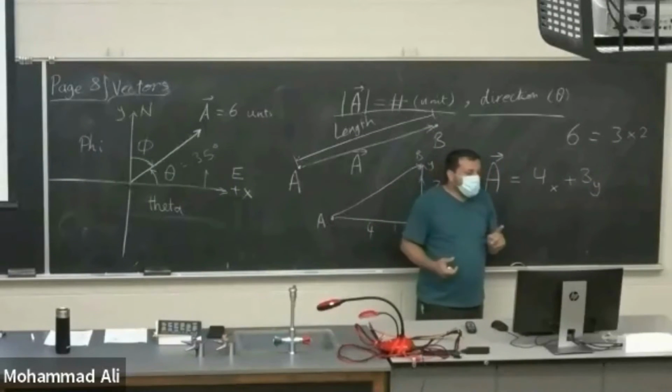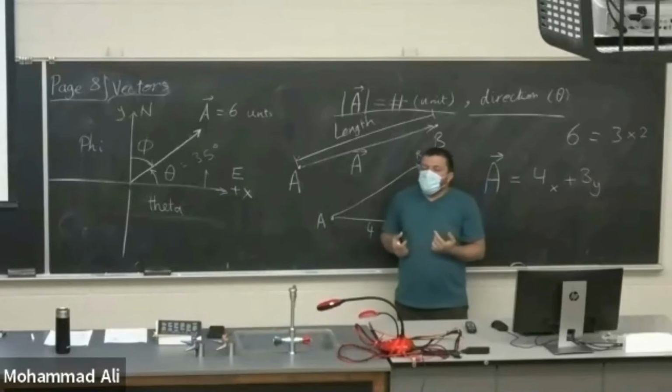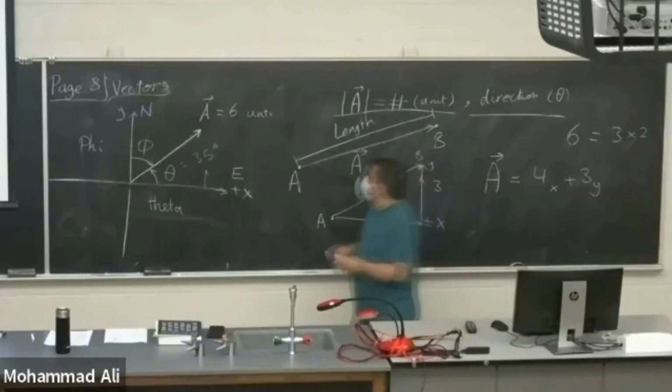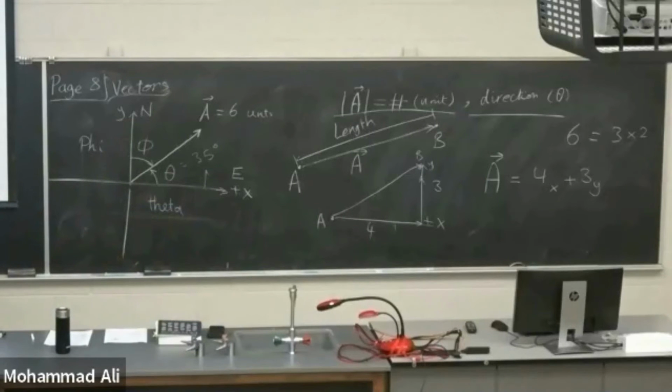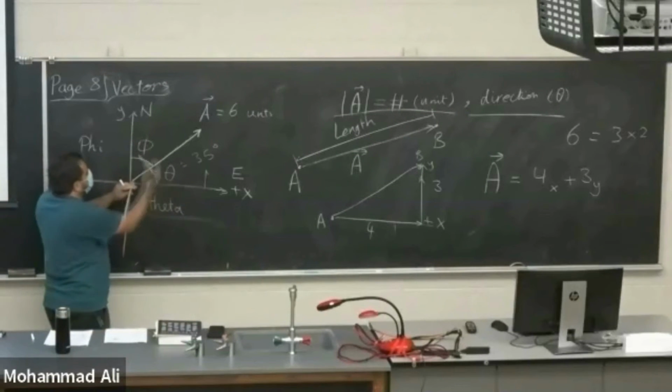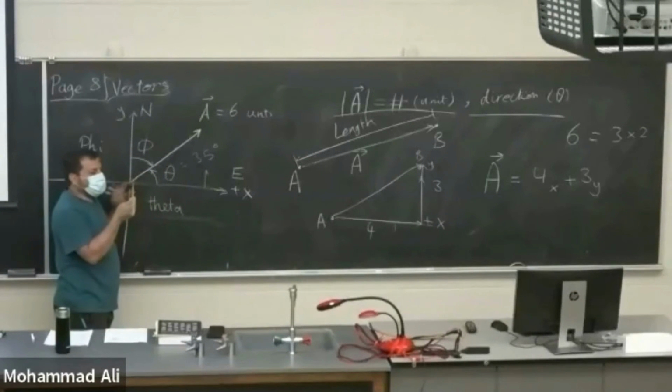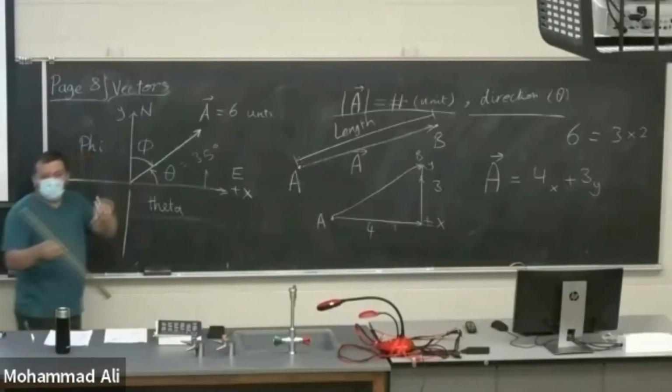In 2 dimensions, but you know that we live in 3 dimensions. For example, this is x, this is y, and this is z. Yes, this is z, going out from the board.